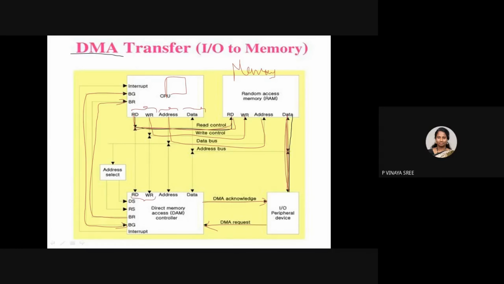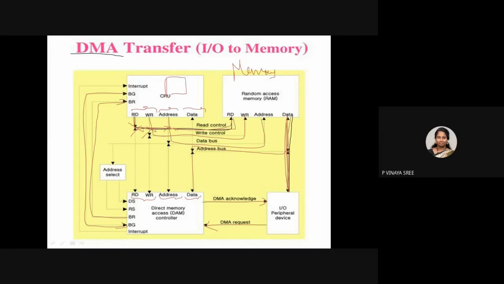But now the bus is disconnected from the processor and connected with the DMA. With the help of this DMA, it transfers the data and completes the task. So this is how a data transfer starts.